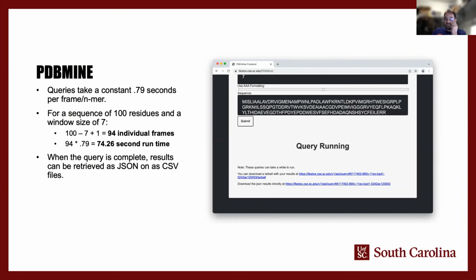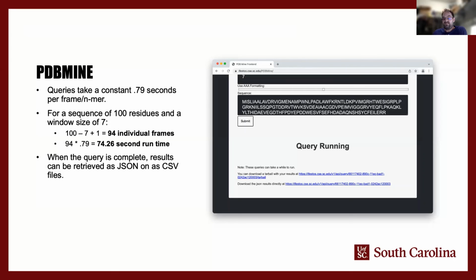So a little bit about PDB-Mine and how the performance of it is. Each frame, in this case a sequence of 7 amino acids, takes a constant just under 1 second to run. And so the larger the query sequence is, the more it takes, but it scales very well.